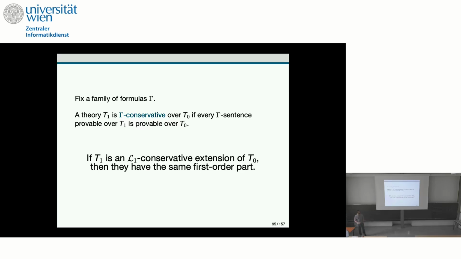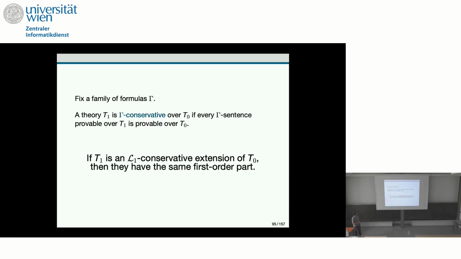Theory T1, so we already saw the definition yesterday. Theory T1 is conservative over another theory T0 over a class of formulas gamma if for every gamma sentence which is provable in T1, you can prove it over T0. The case which interests us in particular is when you consider as gamma the collection of all first-order sentences.